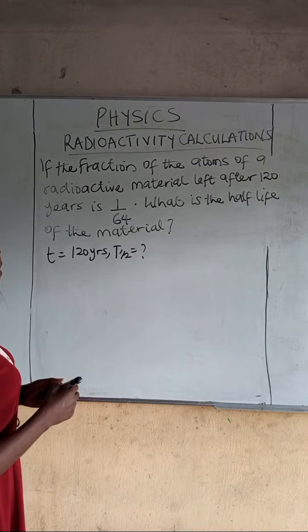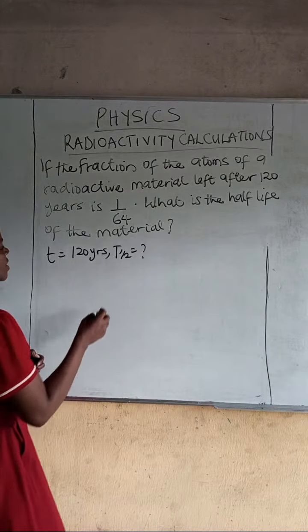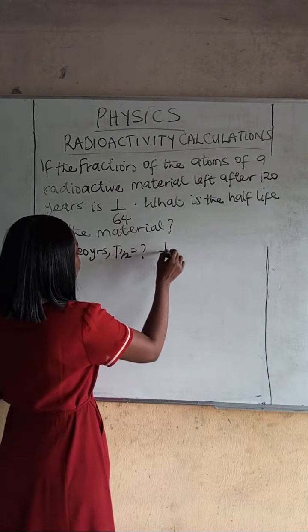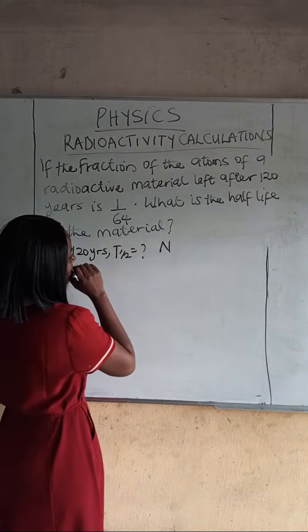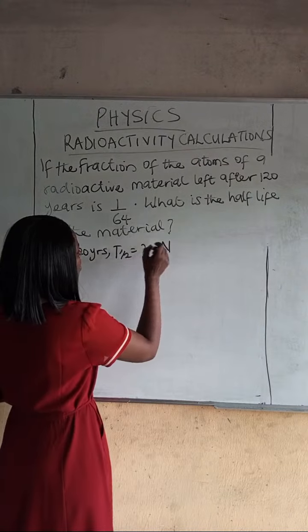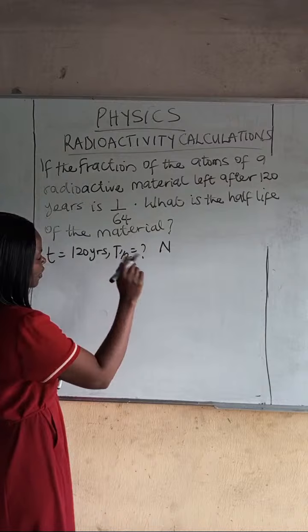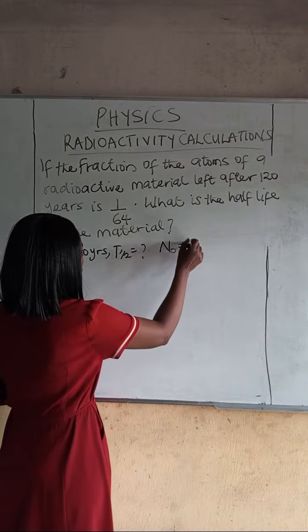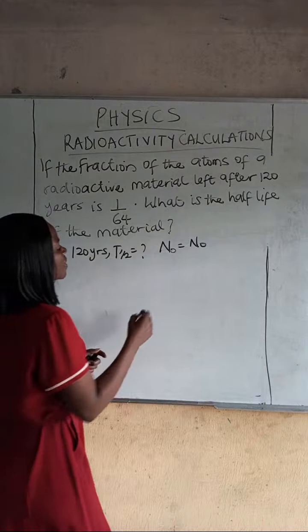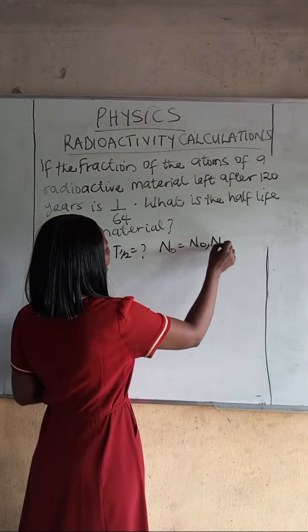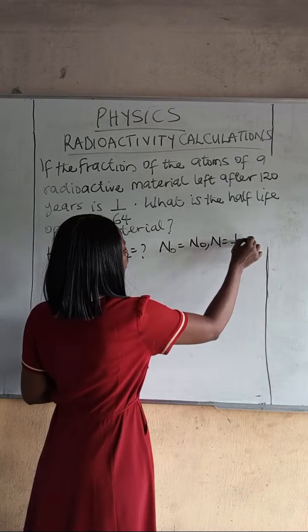Okay, but this fraction is the fraction that is left. Sorry, that's the fraction of the material left, and left is N, okay? Let me say my N naught still remains my original number of atoms, okay? Then my N is 1/64 of what?